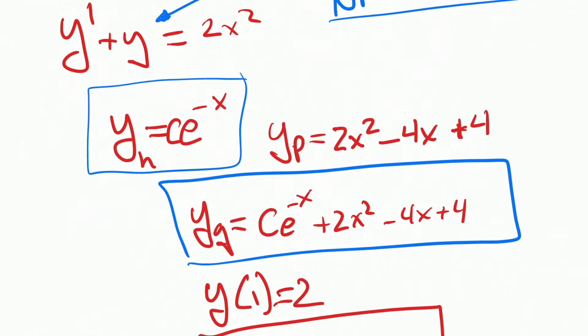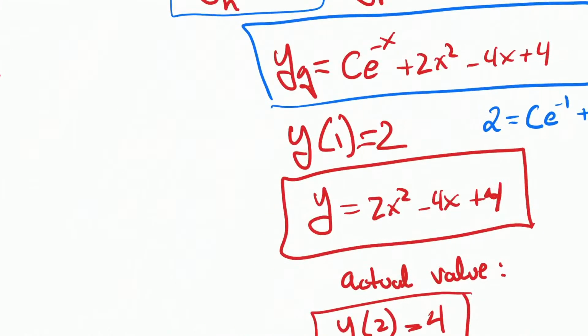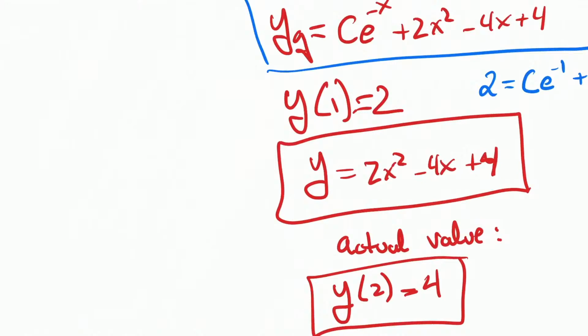So what does c have to be? Here, I'll spell it out for you. So 2 has to equal c e to the -1 plus 2. So it's the most boring of the situations: c equals 0. So there it is. So the actual value is 4. So that was a little disappointing. Normally it's not quite that boring, but there you go.